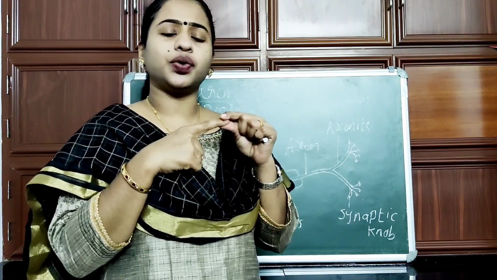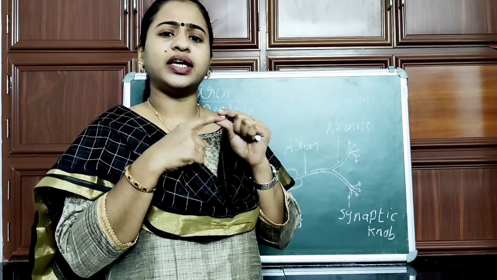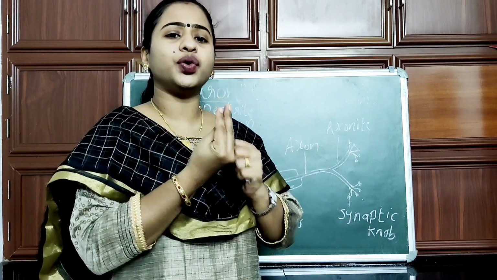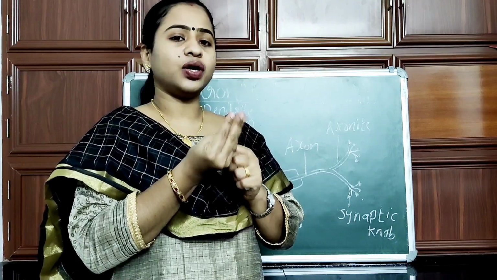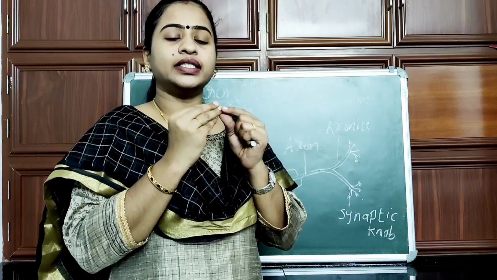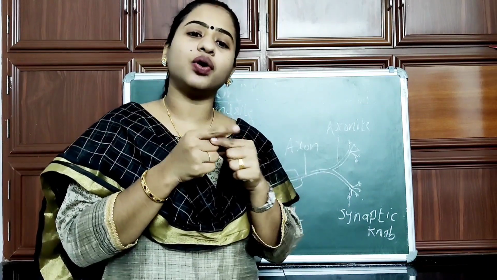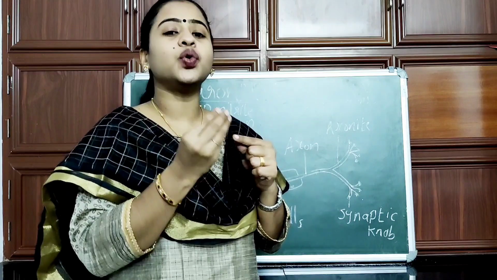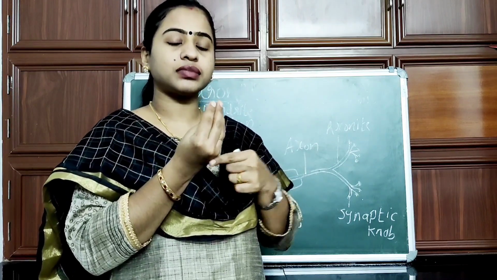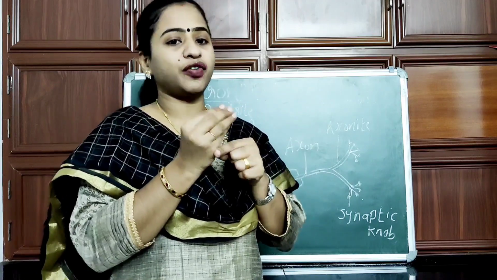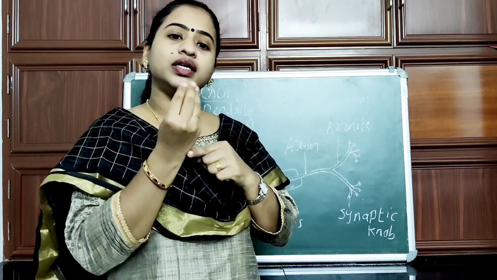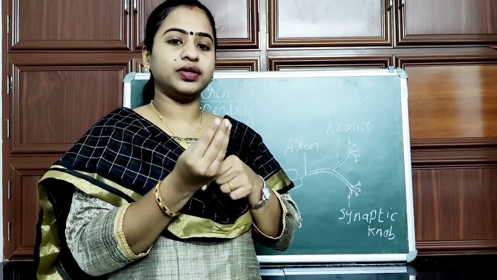A single neuron can control and coordinate activities, and a group of neurons can also control activities. So a group of neurons or a group of axons is called nerve.